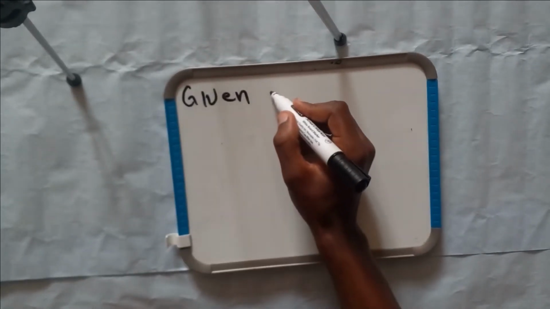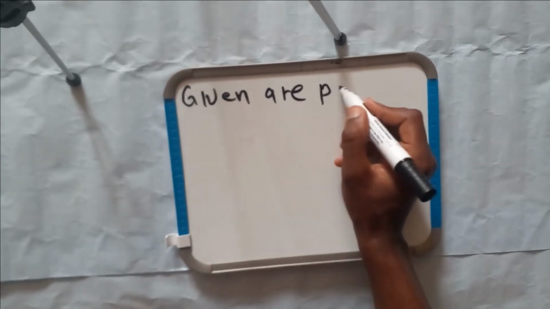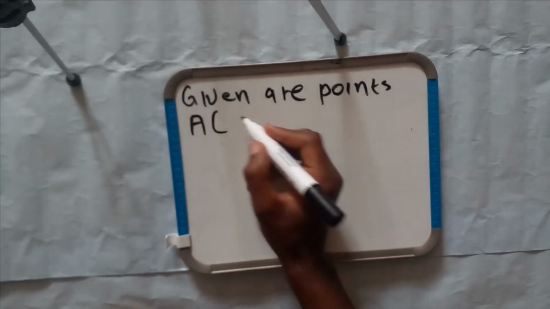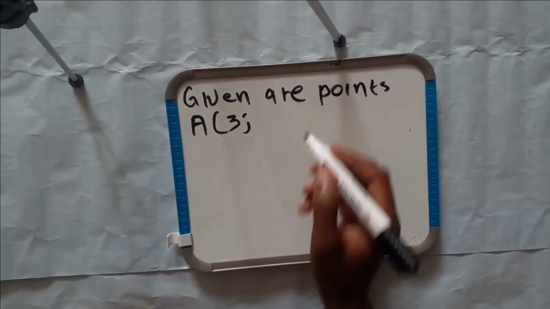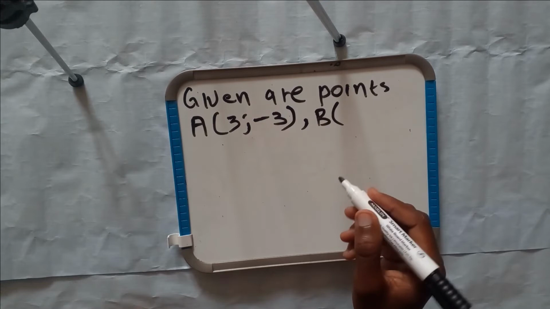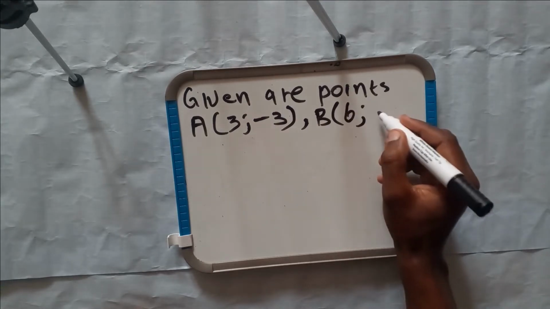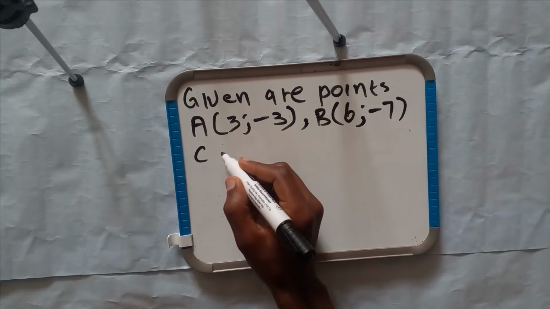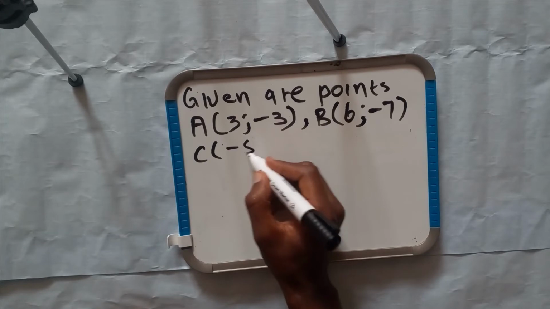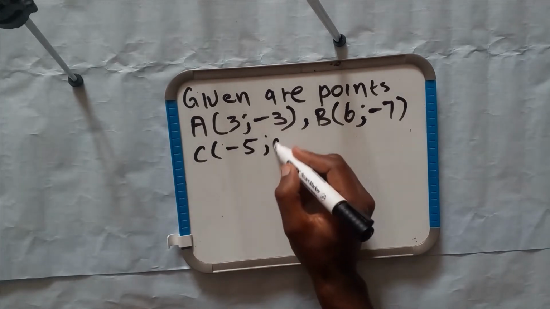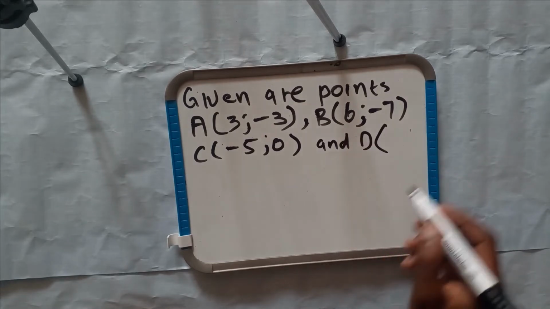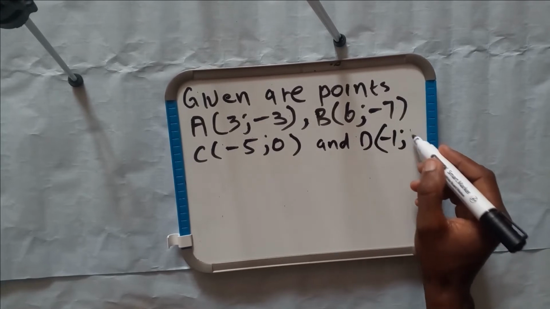Given points where A is (2, -3), B is (6, -7), C is (-5, 0), and D is (-1, 3).